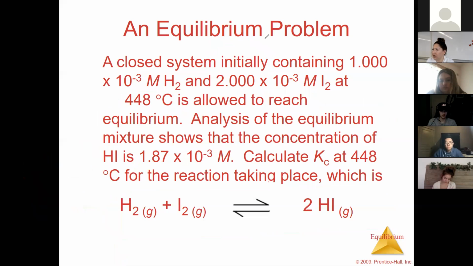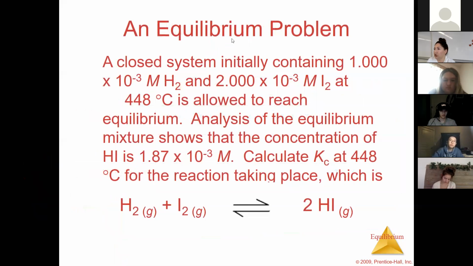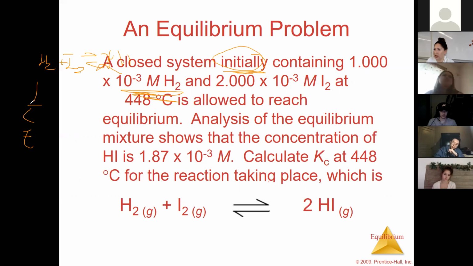Let's clear this out and set up our ICE table. Initial, change, at equilibrium. These blue numbers, hold on, I know you'll have to write those in. Initial, okay, I know I'm going to be on the ICE. And what was this? H2, I2, 2HI. I have the initial of this for my H2, so those are going to go here. And then I have my initial for I2.